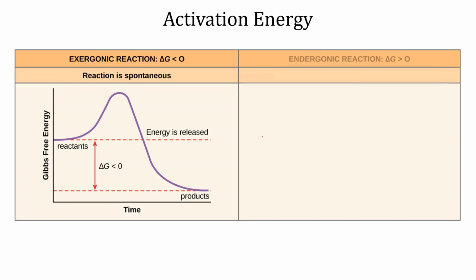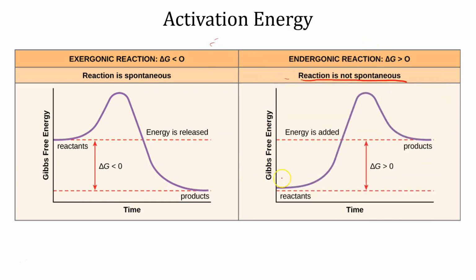Okay, on the flip side then, endergonic reactions. This is a reaction that doesn't just happen on its own. You really have to push it to happen. These are reactions that start off with a certain Gibbs free energy, and you have to continually put energy into the reaction. Oftentimes the thing supplying this energy is the breakdown of ATP.